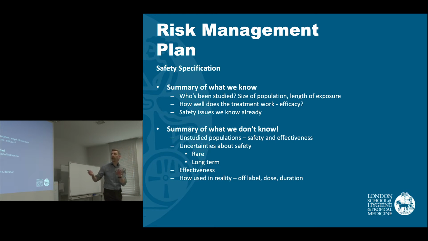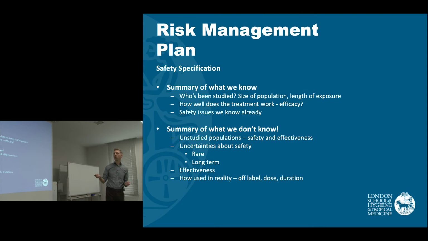Okay, so just to quickly recap, the risk management plan has the safety specification, which tells us what we already know: who's been studied, who hasn't been studied, how well the treatment works, and what the safety issues are that we already know.